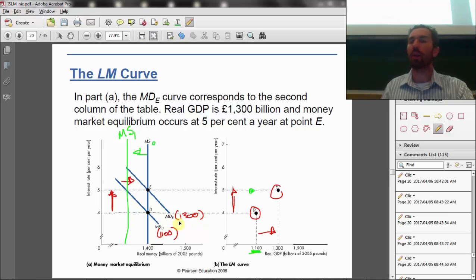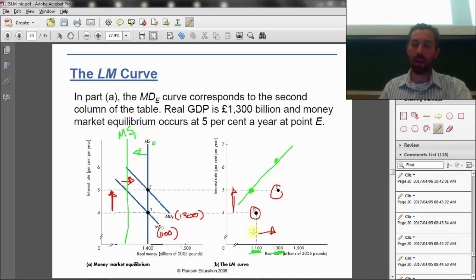In other words, when real output increases, my money demand shifts to the right. Whereas my equilibrium interest rate was at 5% at point E with real GDP of 1,300, once my money supply has been shifted to the left, that interest rate has increased. So for MDE, my new equilibrium interest rate is 6%. So for 1,300, my new equilibrium interest rate is 6%.